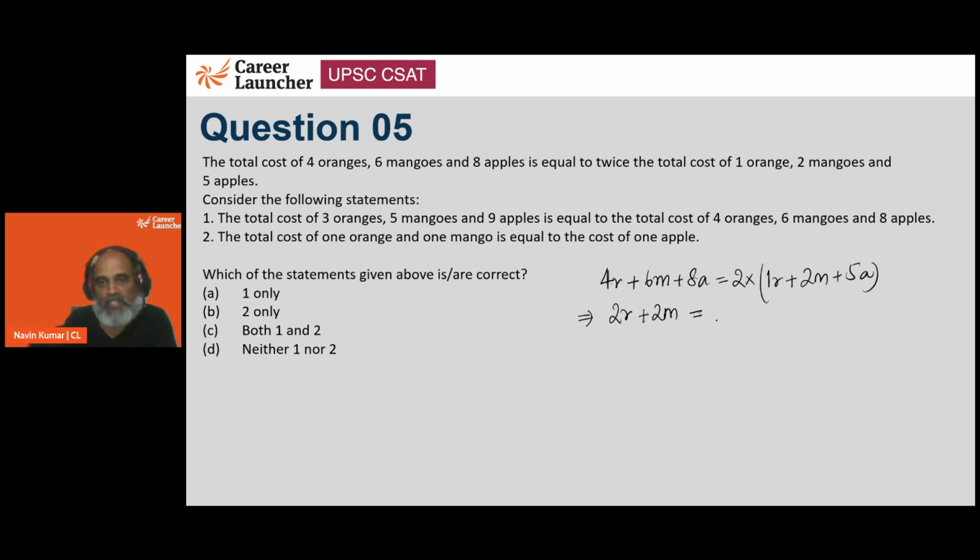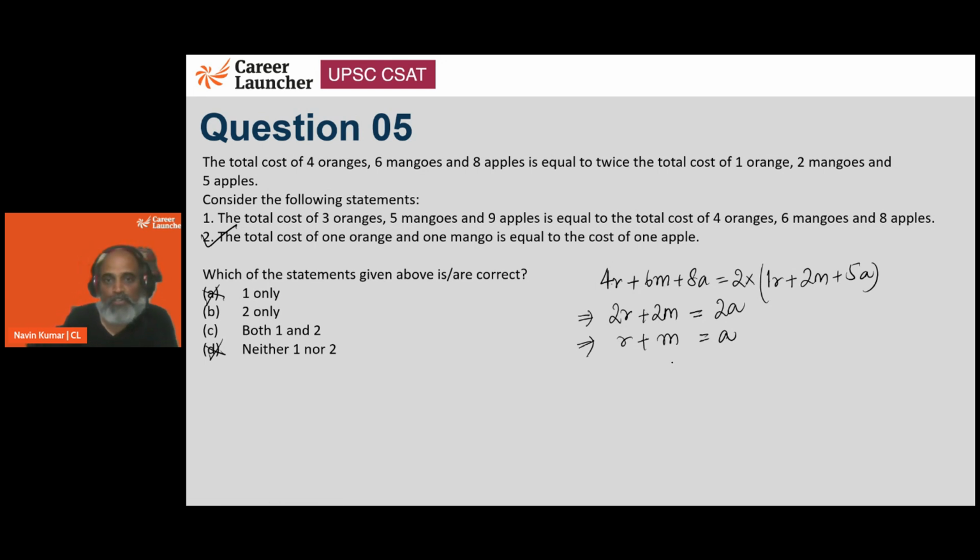And 10 apples minus 8 apples, it's going to be 2 apples. So 1 orange plus 1 mango is equal to 1 apple. This is one thing that we can figure out. So the second statement is true. So the answer is going to be either B or C, depending upon what happens with the first statement.